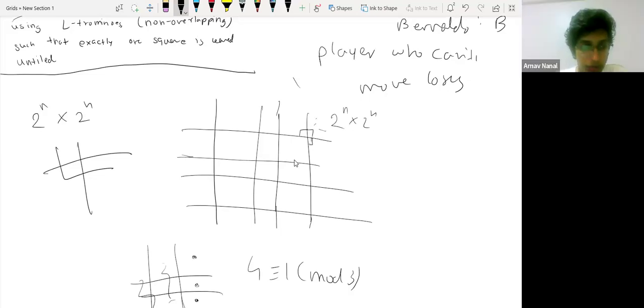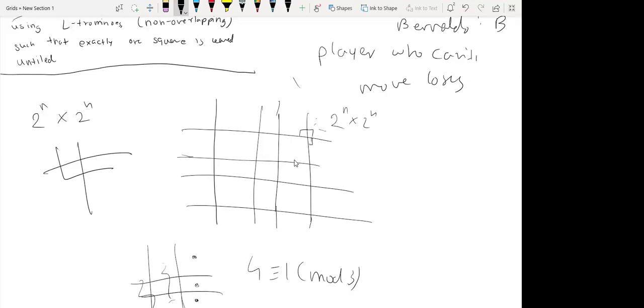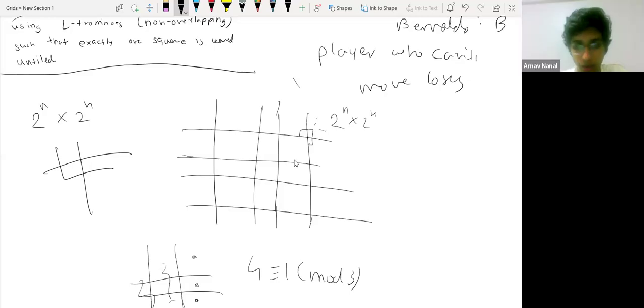So the problem boils down to proving that a 5 by 5 board can be split into trominoes where there is exactly one remaining square. And that remaining square, yes, that's true. Correct.